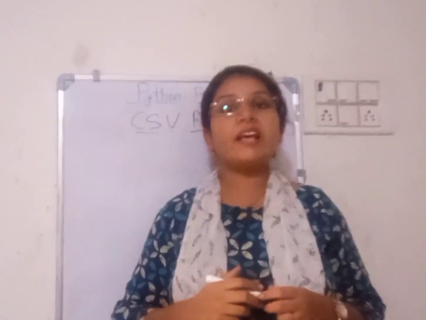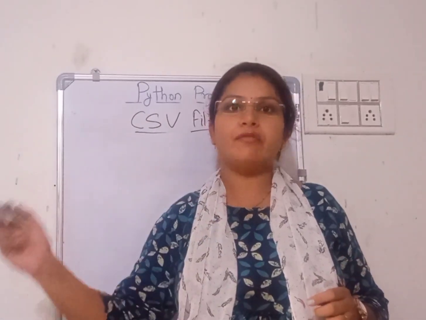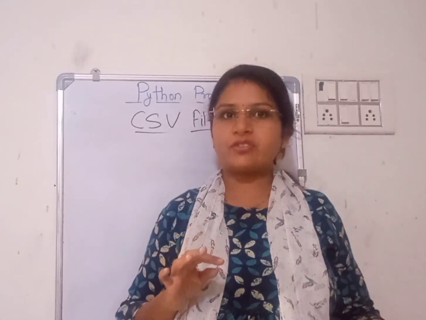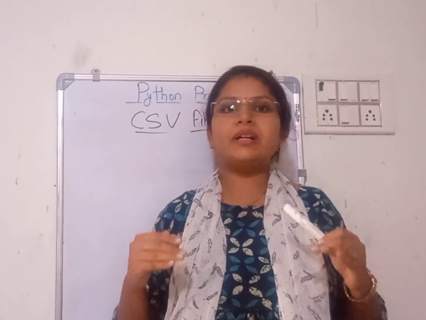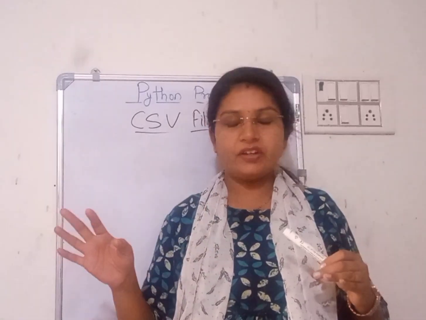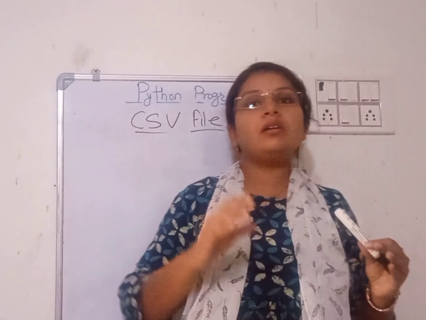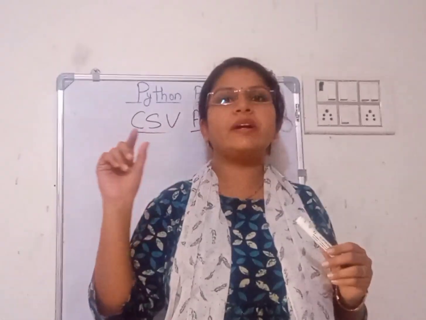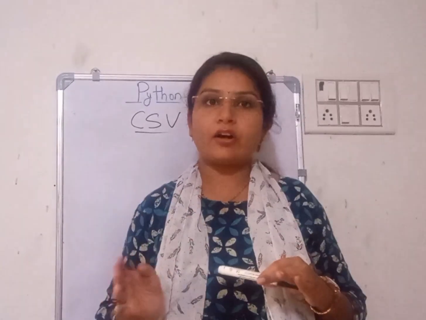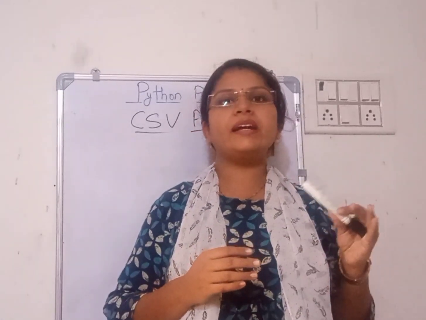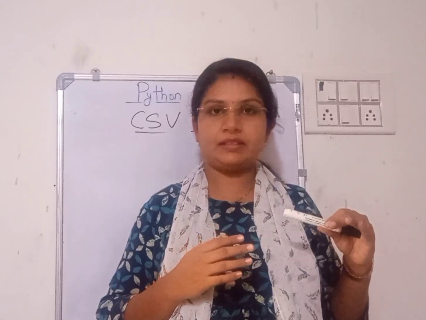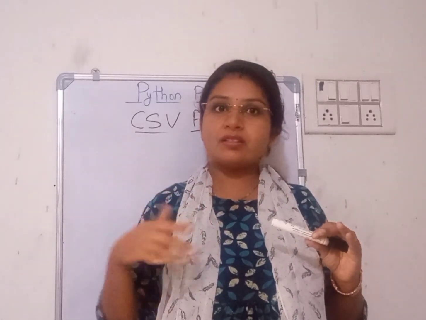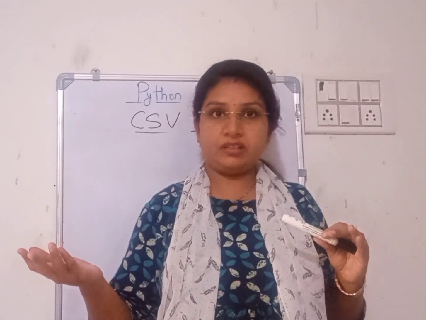The full form of CSV is comma separated values. That means this is the same type of text file which contains normal text in plain English, but here the values are separated by commas, just like records. So how do we create these files? Like binary files, we don't create these files by ourselves explicitly.